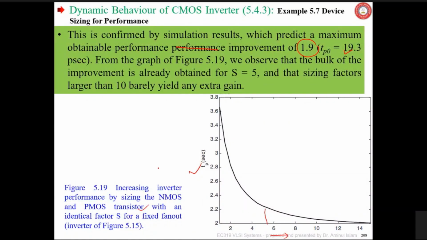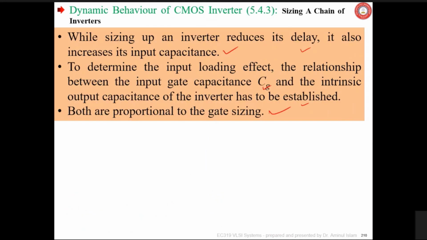From the graph of this figure, we observe that the bulk of the improvement is already obtained for f equals 5, and that sizing factors larger than 10 barely yield any extra gain. While sizing up an inverter reduces its delay, it also increases its input capacitance. What does it mean?